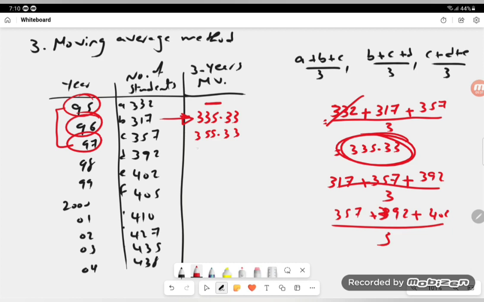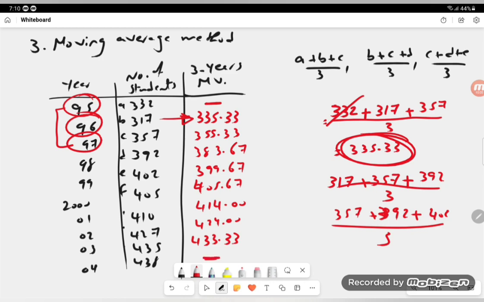And there is no moving average in front of the last year.